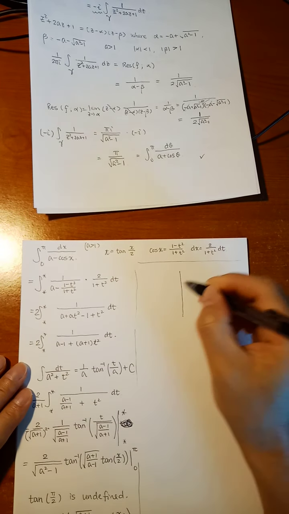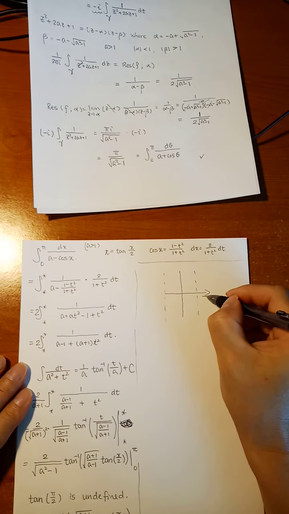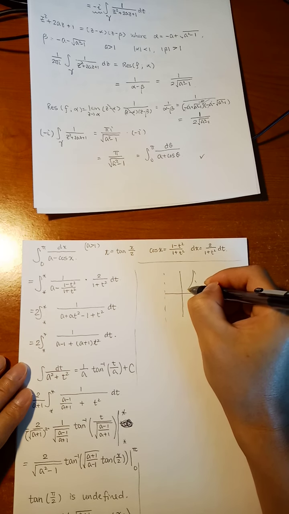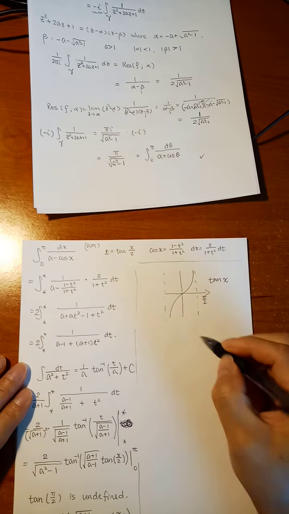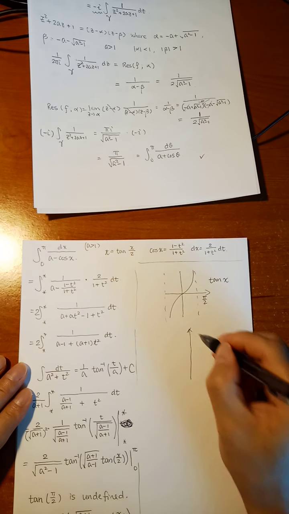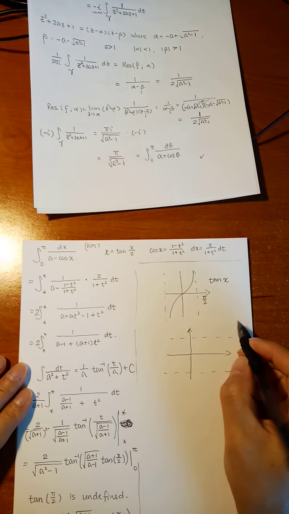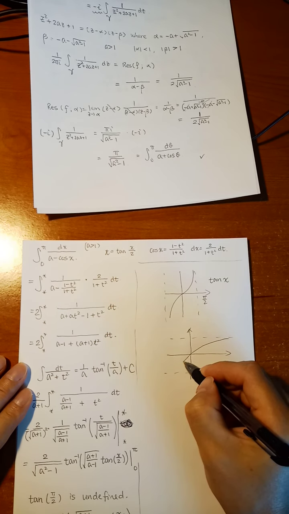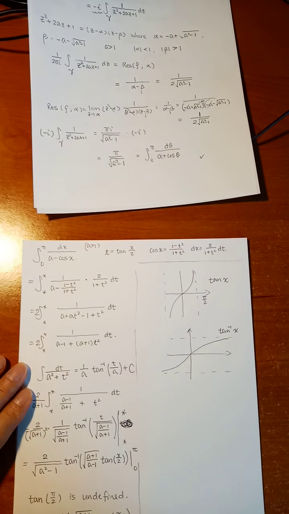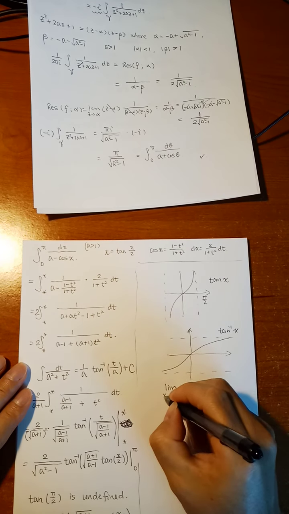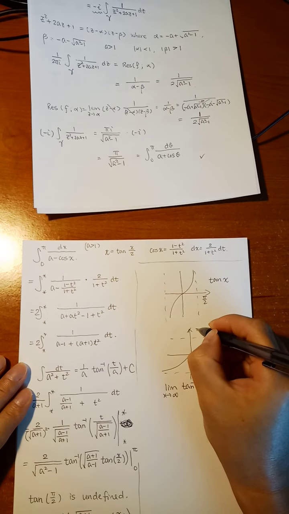So this is tangent x. And the tangent inverse of x, when x approaches infinity, tangent inverse of x is pi over 2, right?